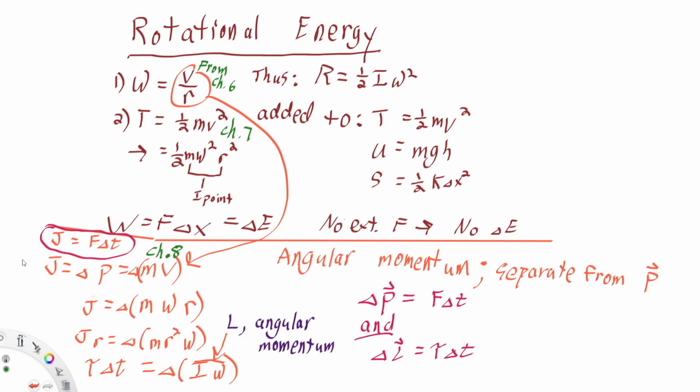All right. So here are our definitions of rotational energy and angular momentum. Let's do an example or two to illustrate what we mean. This first problem is going to sound like the setup for a bad joke.